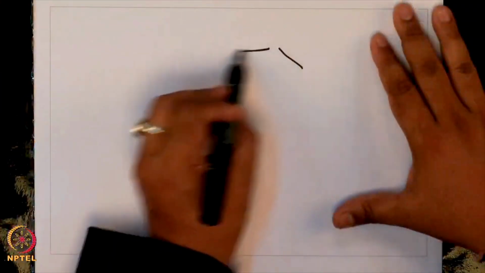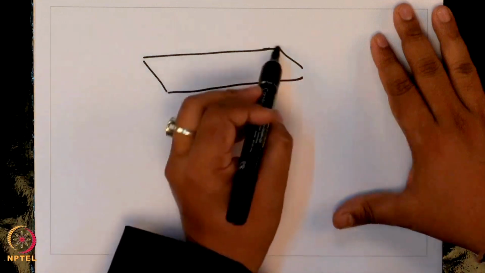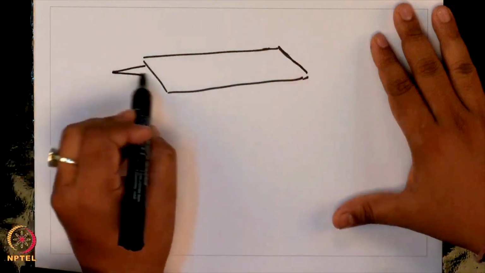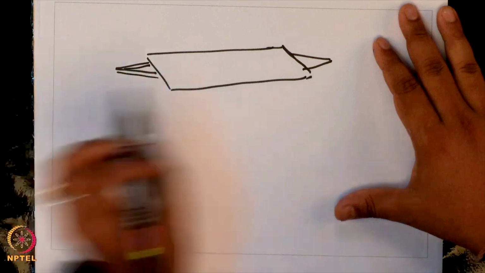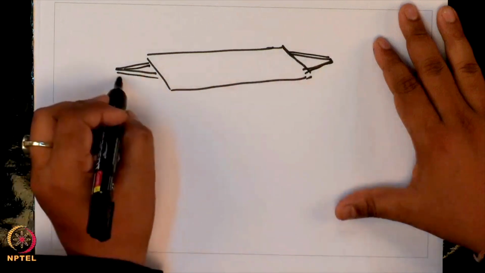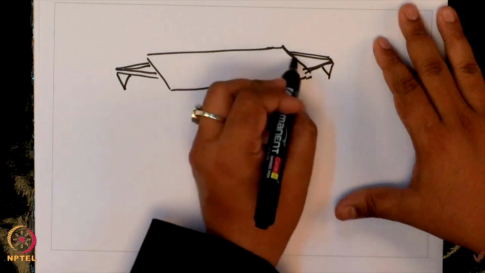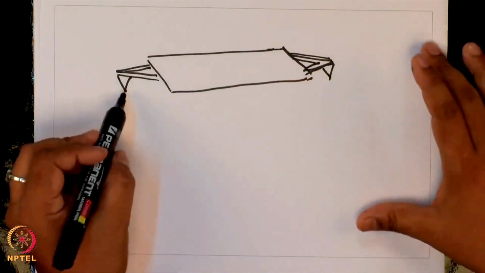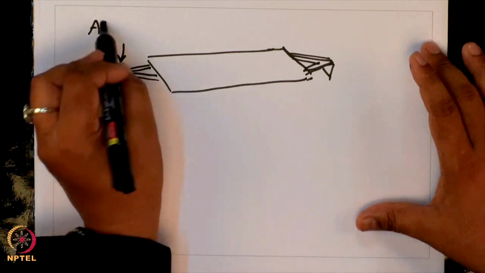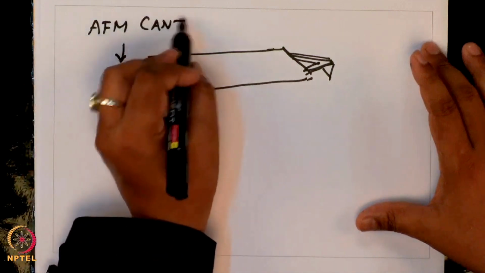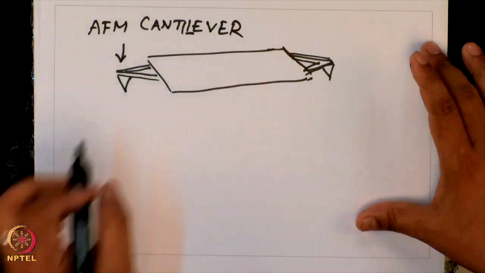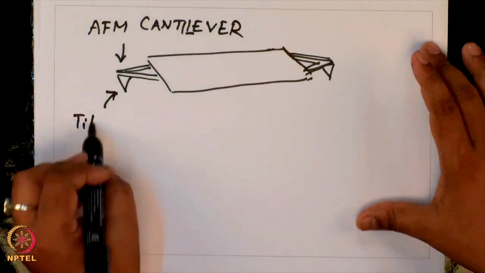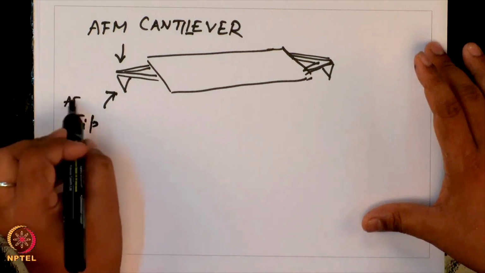Okay. So, if I were to draw an AFM, what you have, okay, these are tips. So, this is called the AFM cantilever. And this is called an AFM tip.